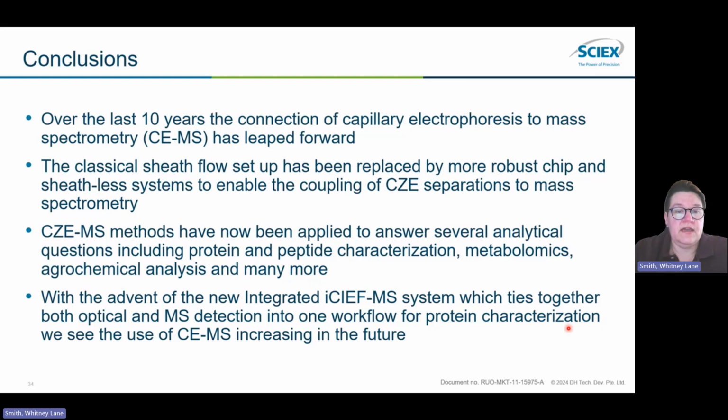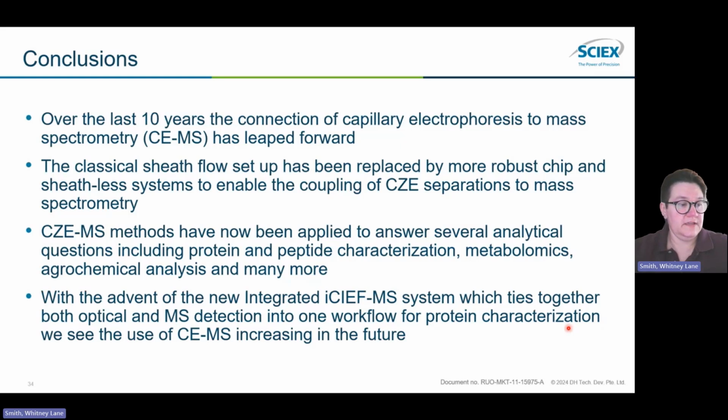Sheath flow has been replaced by sheathless, and sheathless has been replaced by more rich, robust chip systems, and we are moving towards increasing the ability to use CE and MS together for characterizing more kinds of molecules, not just small molecules and peptides, but also the complex proteins.